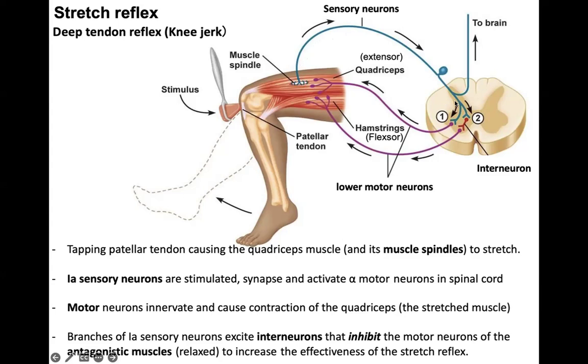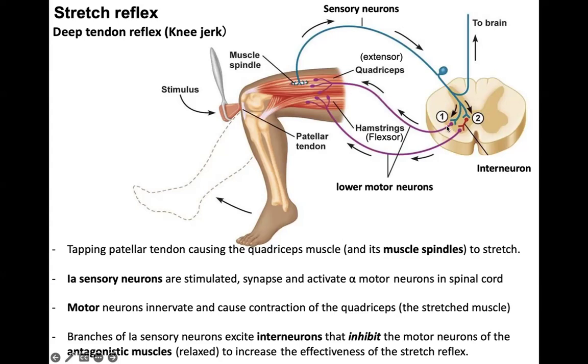The first thing that happens is you have a direct synapse between the sensory neurons and the motor neurons. Those motor neurons go directly into the same muscle that was stretched before. So when you activate the sensory neurons here, it's going to activate the motor neurons that go back.